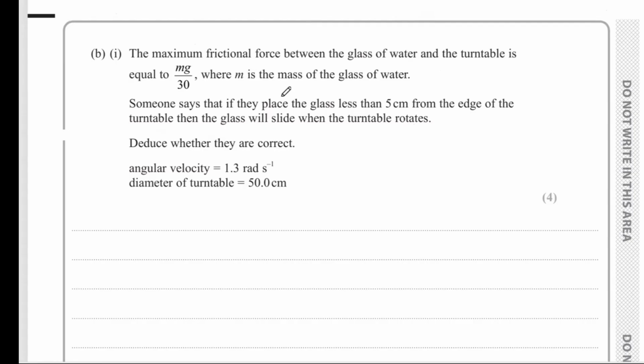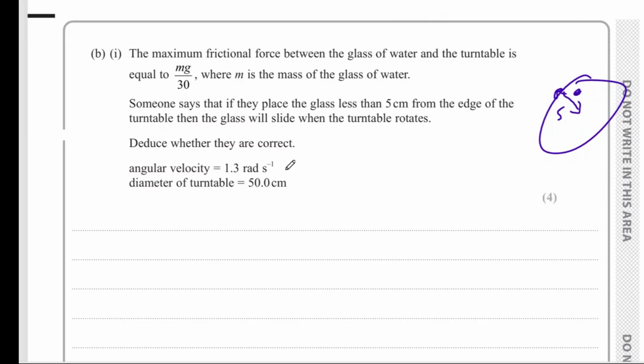If you place the glass right over here, 5 centimeters from the edge, and the turntable rotates, the glass is going to fly off. Deduce whether they are correct or not.